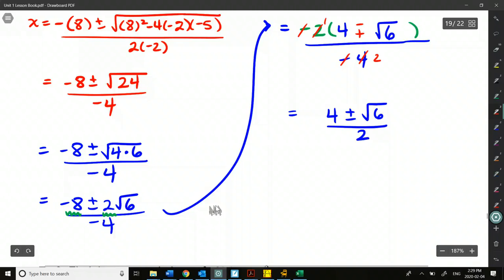Okay, so you can write your x-intercepts. One of them is the plus option, one of them is the minus option.